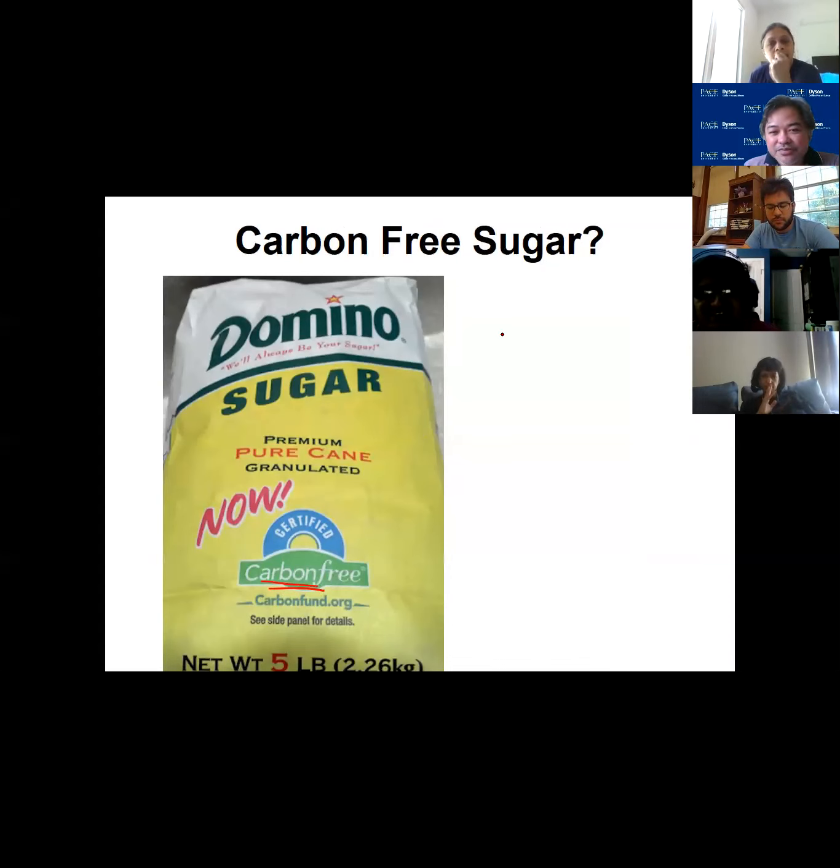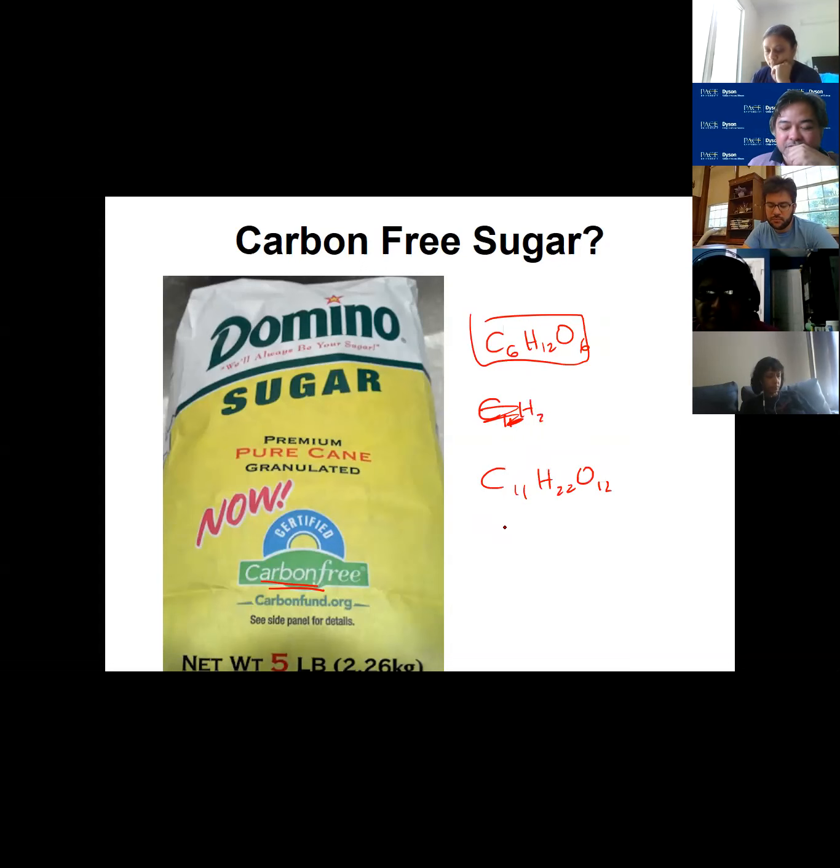But we know sugar is made up of carbon, C11H22O11, I think, or the fructose one. But there's no such thing as carbon-free sugar.